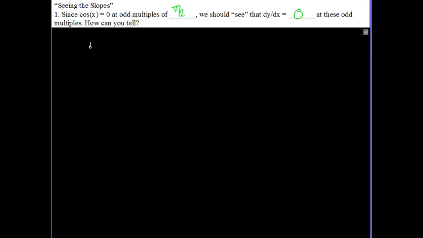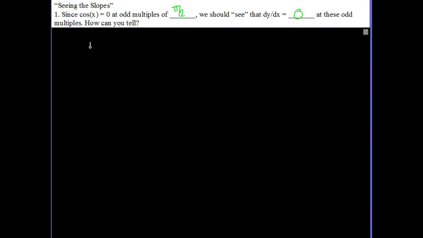So these questions directly relate to the problem we just looked at. It says, since cosine of x equals 0 at odd multiples of pi halves, so that should make sense, because that's pi halves, 3 pi halves, 5 pi halves, goes up and down from the top of the unit circle, we could see that the slope at all of those odd multiples will be 0. How can we tell this?